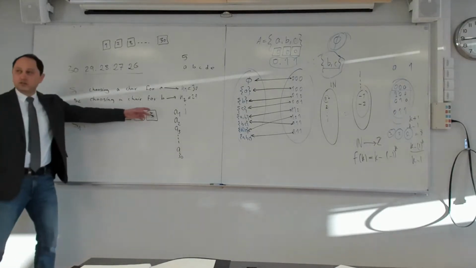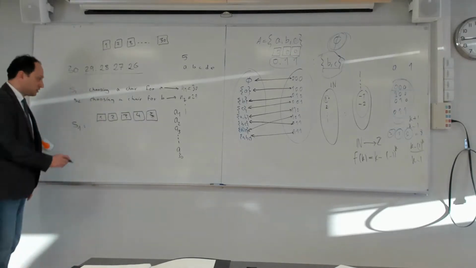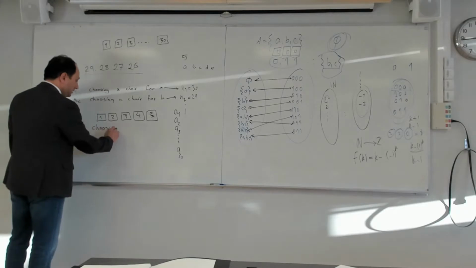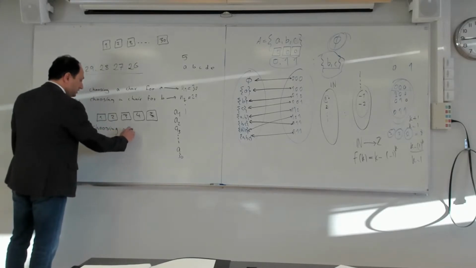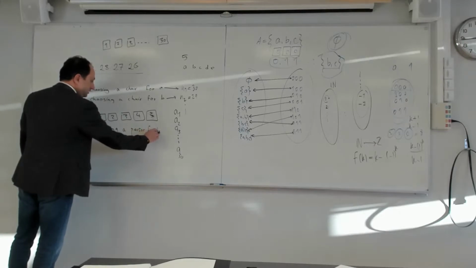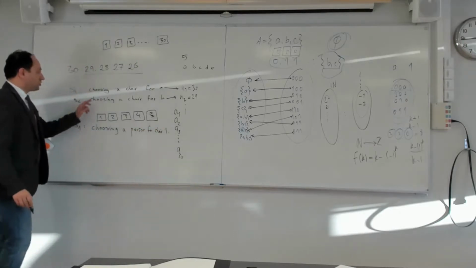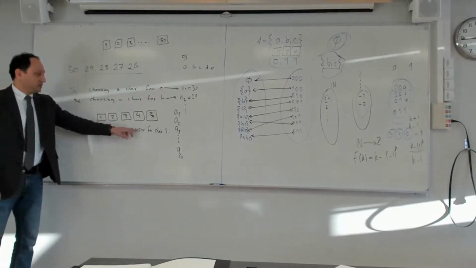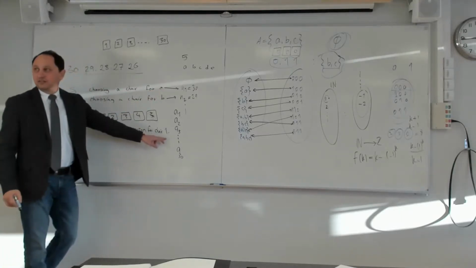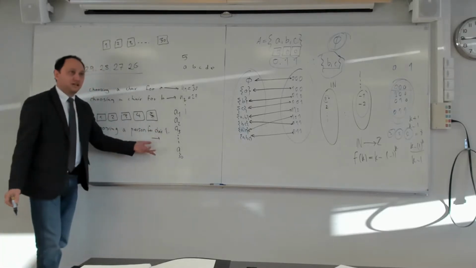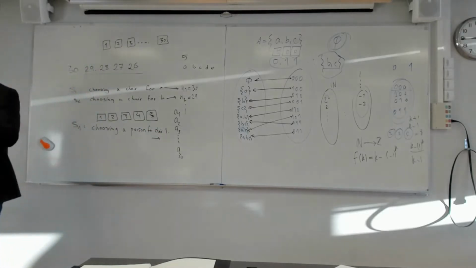Choosing a person for chair 1. You see, choosing a person for chair 1. Yes. Before it was choosing a chair for person 1. Here, choosing a person for chair 1. That's not different. How many ways can I do this again? Again, 30.